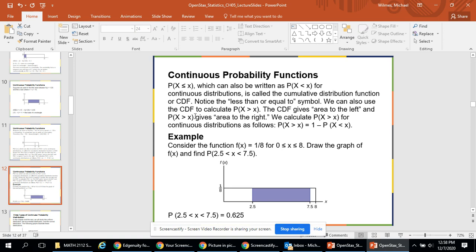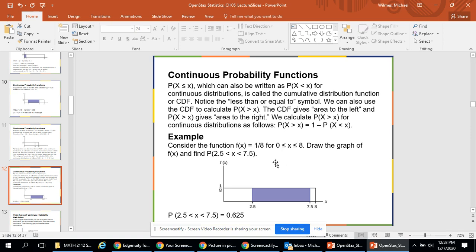So the probability of x less than or equal to a value, when we're going to the left of something, is also written as x less than the value, because the equal to part doesn't change anything. It's called the cumulative distribution function, the CDF. The main part here is that it's always showing us the area to the left of it.